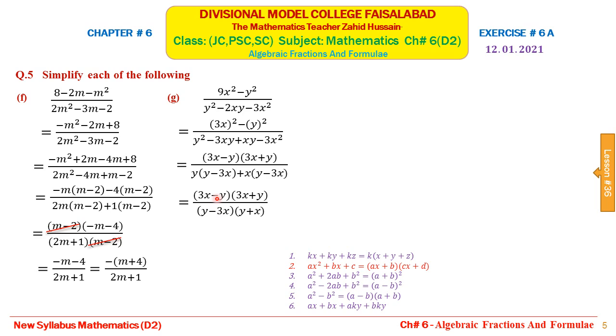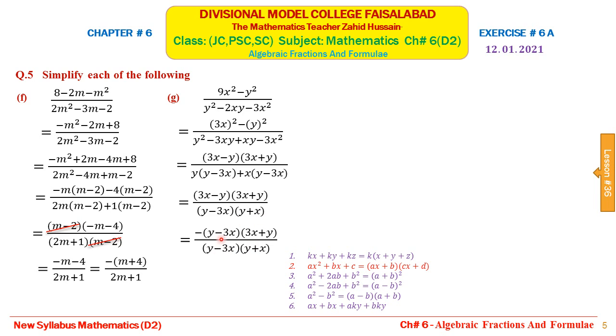So when there is a negative sign between two terms and you need to make the order the same, you have to write a negative sign outside the expression. So we will get minus 1 common actually. So we will change the order of these two terms. It will be y minus 3x and 3x plus y in the numerator, and y minus 3x and y plus x in the denominator.